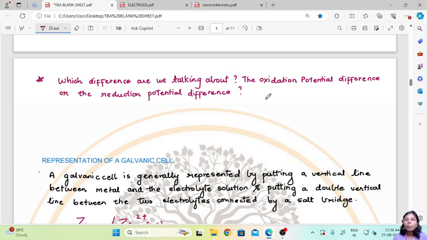But when we talk about cell potential, by convention, we only look at the reduction potential. So E cell will be only equal to the reduction potential. We never look at the oxidation potential when it comes to the cell potential or the E cell.